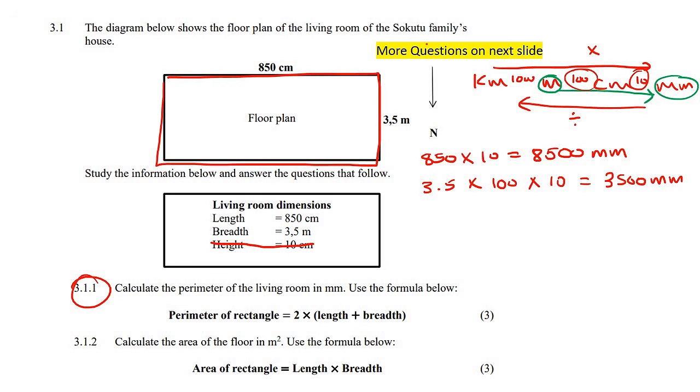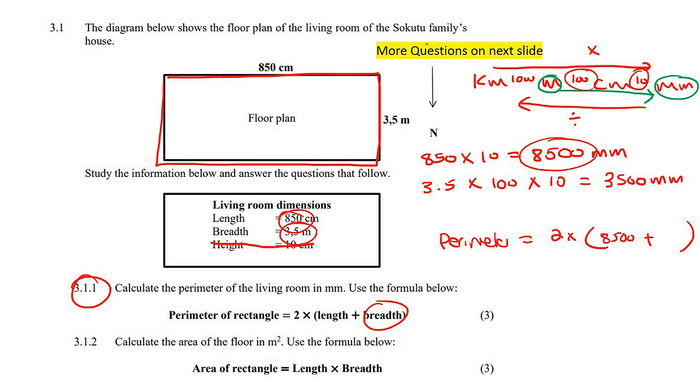Perimeter is equal to 2 times the length, which is now 8,500, plus the breadth, which is now 3,500. That's 2 multiplied by 12,000, and that gives us 24,000 millimeters.